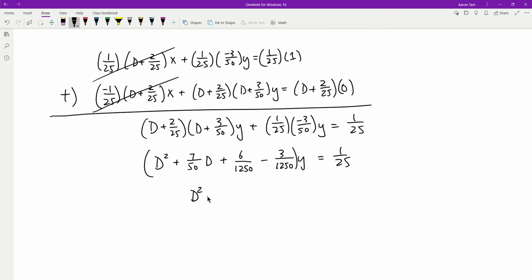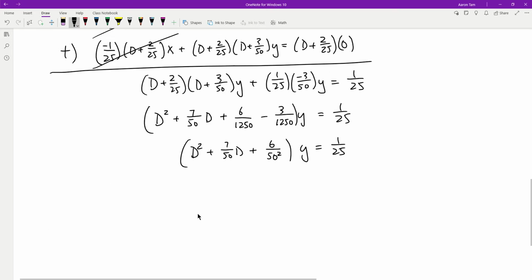That would be D squared plus 7/50 D plus, this actually comes out to be 3/1250, but I'm going to write it as 6/2500, which is 50 squared. That is the reason why I choose to write it that way, because it makes it easier for me to factor.